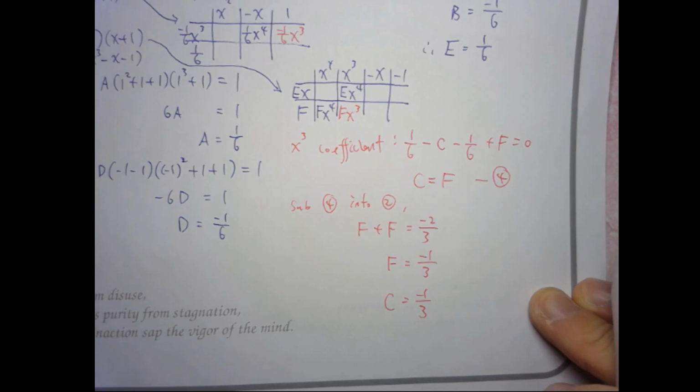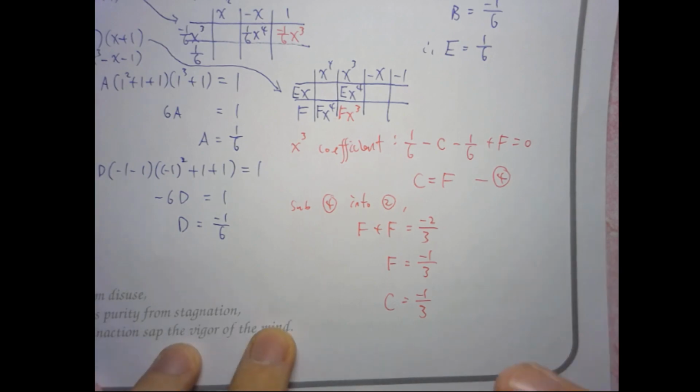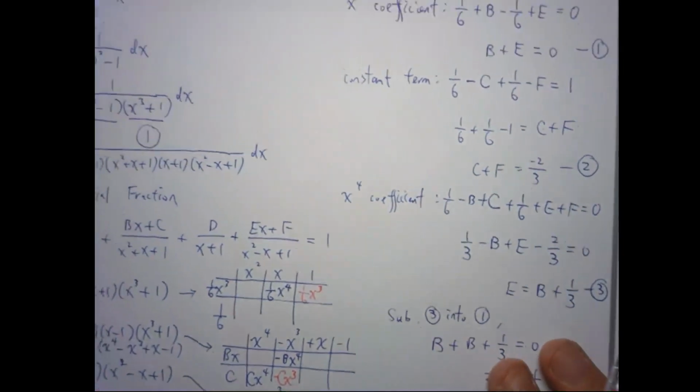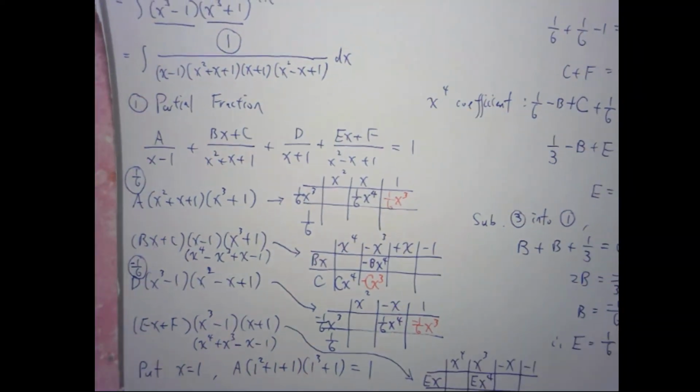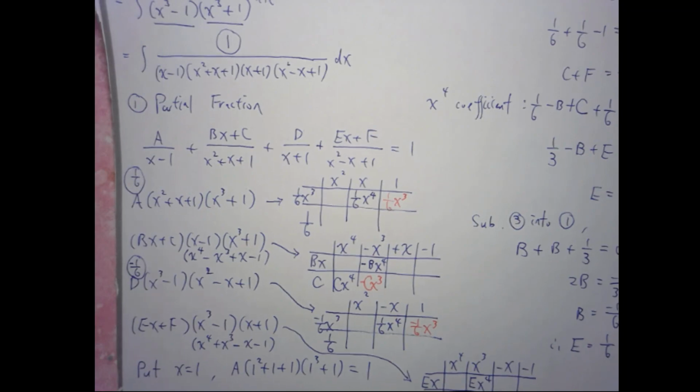So we solve all the unknowns in the partial fraction, and now we can put them back into this expression. I will do this at the back of this paper. Hopefully I have some space.